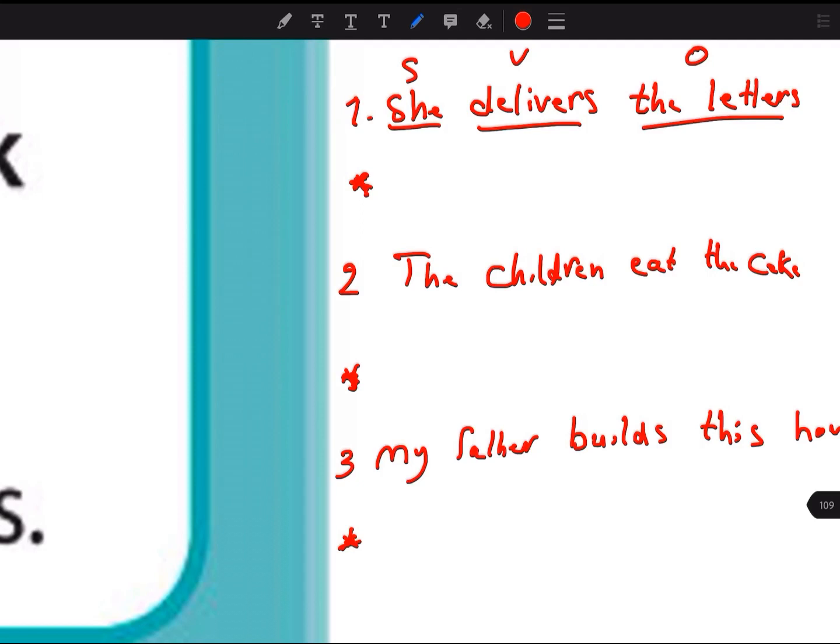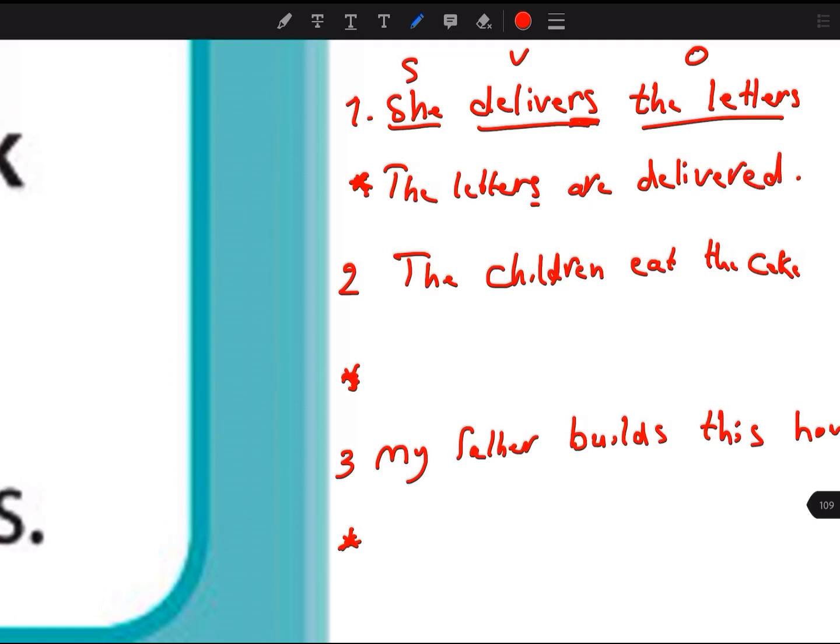Because our sentence is present simple, we have to bring is or are, verb to be. As you know, the object of the sentence is plural, so we have to add are. The letters are, past participle of the verb, delivered. The letters are delivered. Who delivered the letters? We don't know who delivered the letters, so it's passive voice.